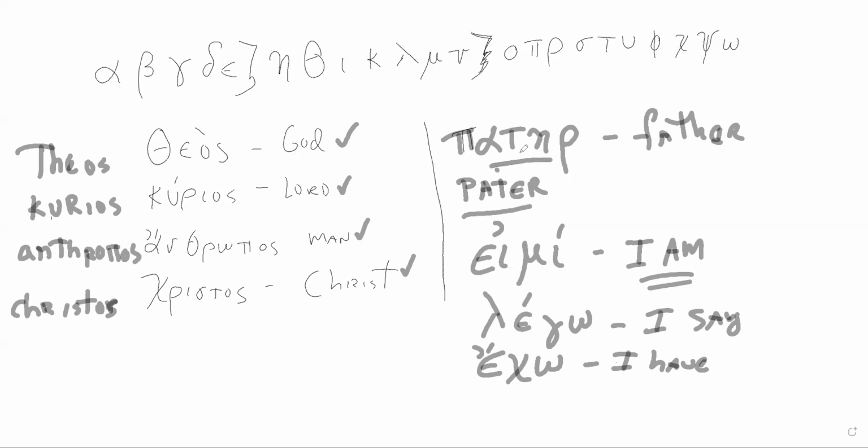So right now, if you take these five words, theos, kurios, anthropos, Christos, and pater, you probably have at least one of these words on every page of the New Testament, and probably more than once.